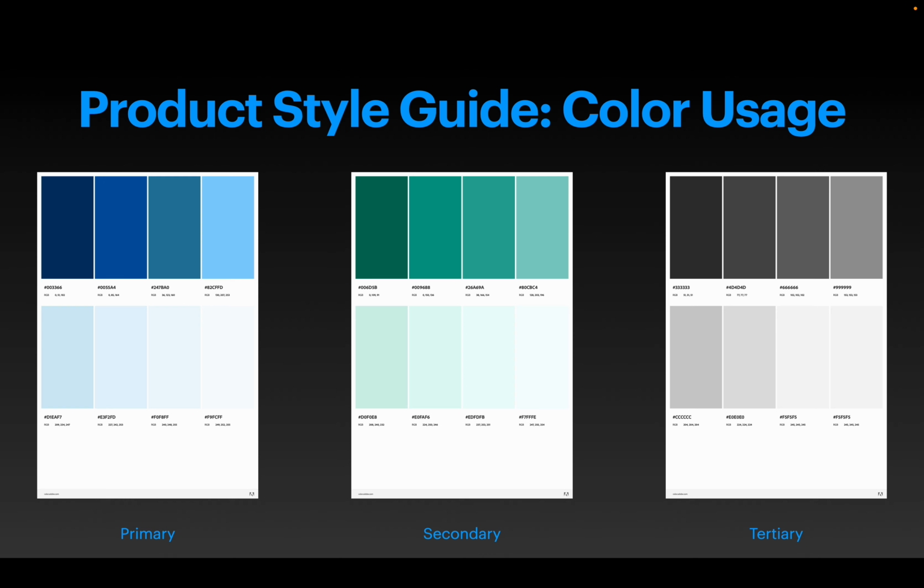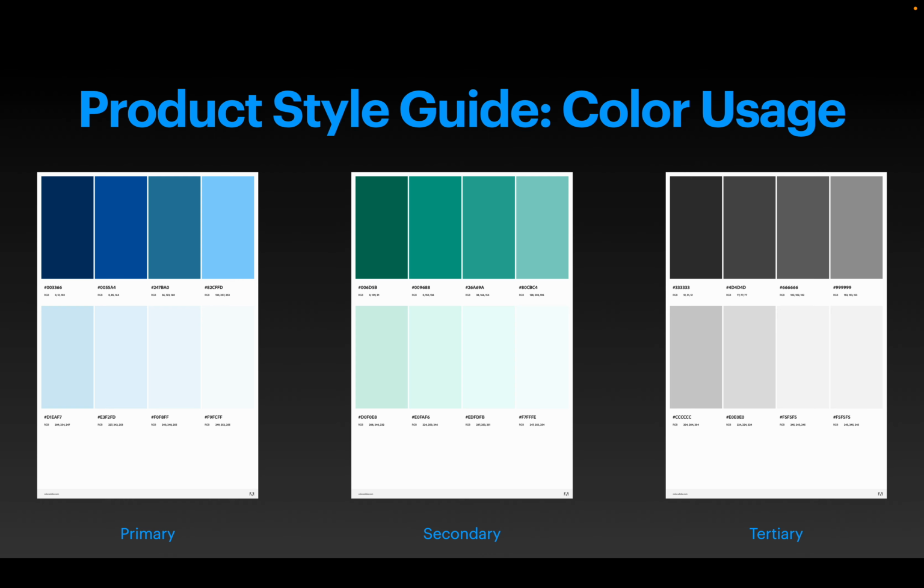As for the color design, I wanted to go with a clean color palette. So my primary color was royal blue or baby blue mixed with light blues, along with teal or aquamarine.